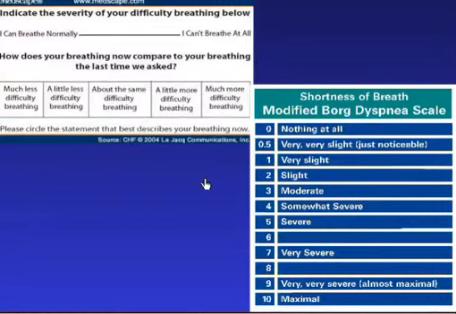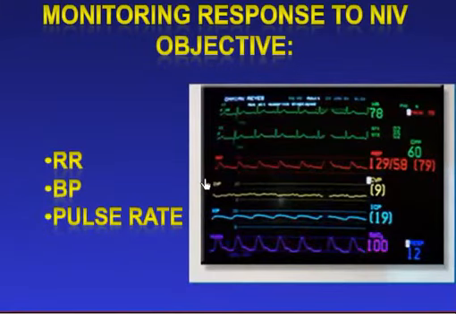Or you may adopt other scales that are quite popular amongst the pneumologists, like the Borg dyspnea scale. No question that if your patient is within the ICU, having right away the respiratory rate, the blood pressure, and the pulse rate may represent an option. And certainly, I suggest that at least for the most severe cases of patients treated non-invasively, having these parameters is essential.